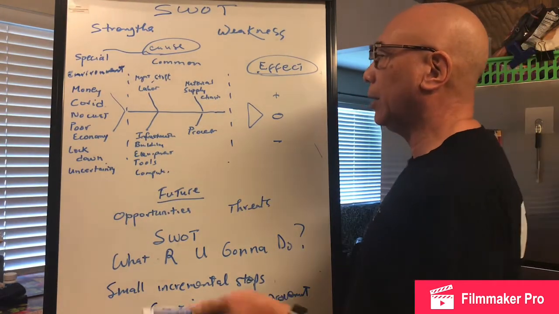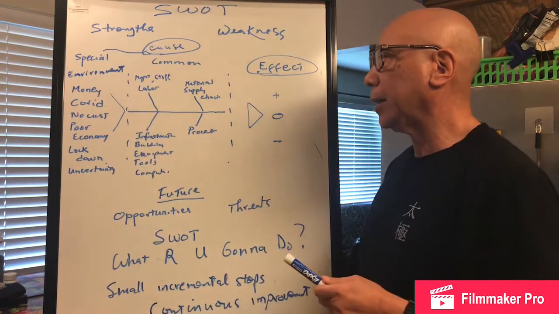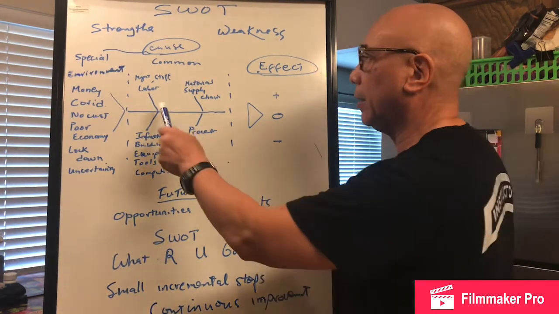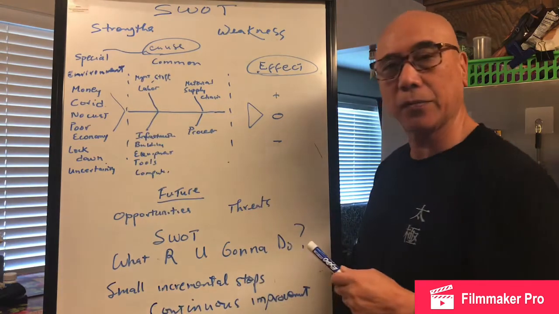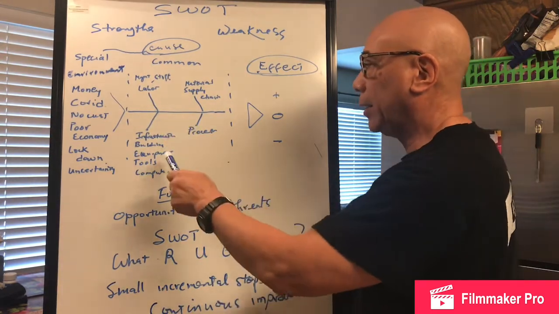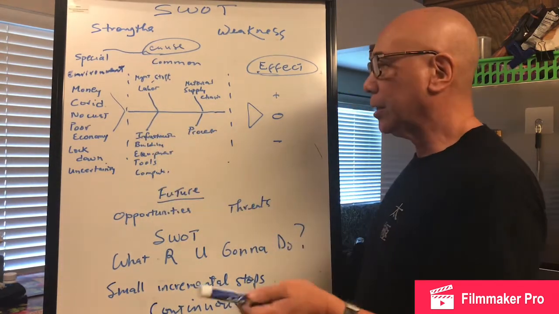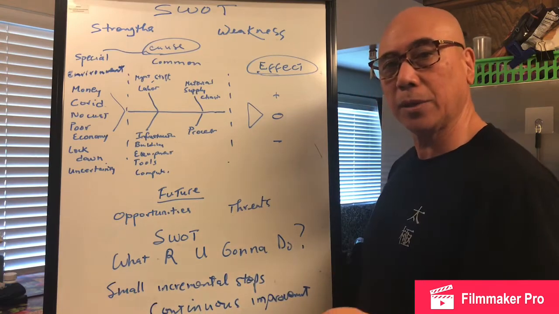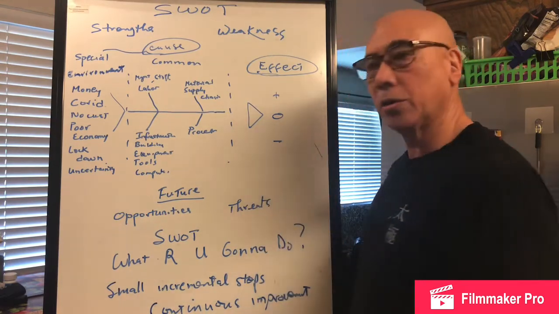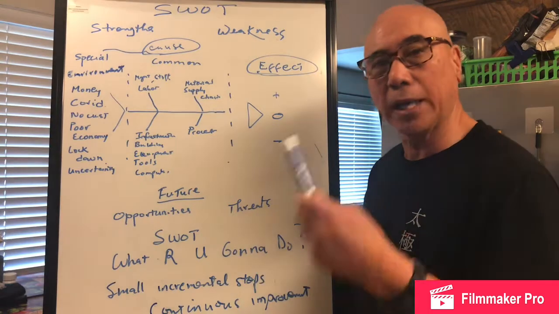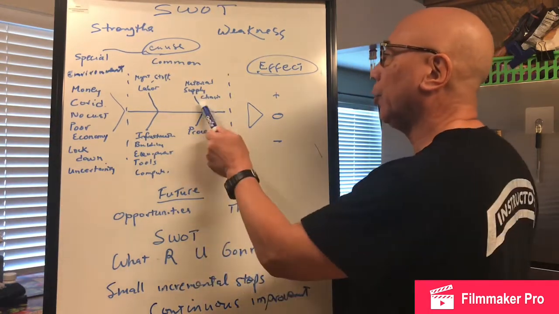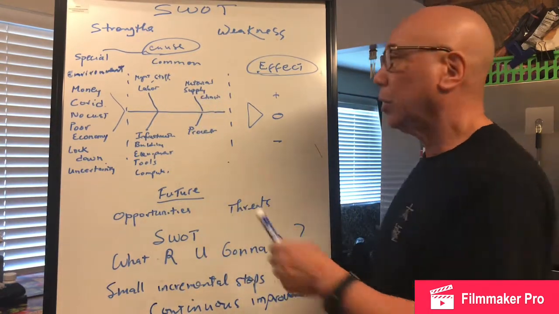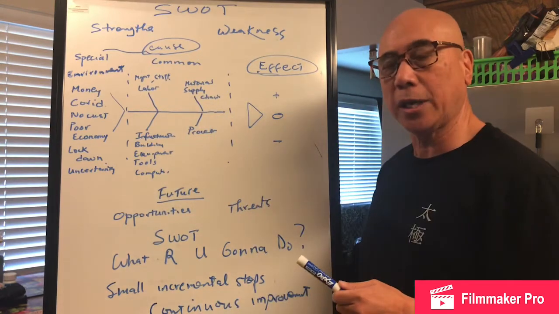Now let's go down the line. The first spine is labor, which we'll divide into management and the staff. The next spine is the infrastructure, which consists of the building, the equipment, the tools, computers, anything that we would call an asset. The third is the material spine, which talks about the supply chain.